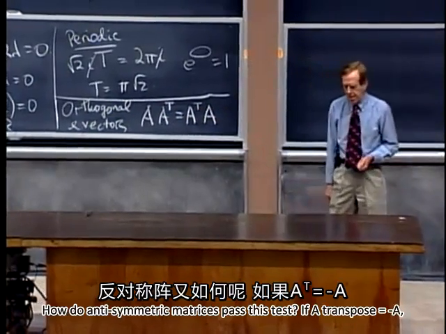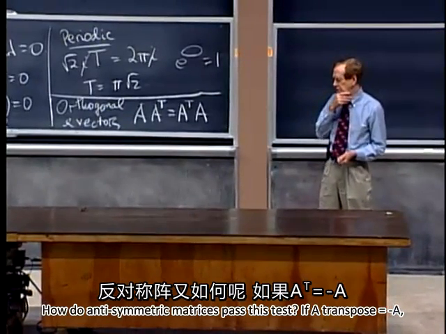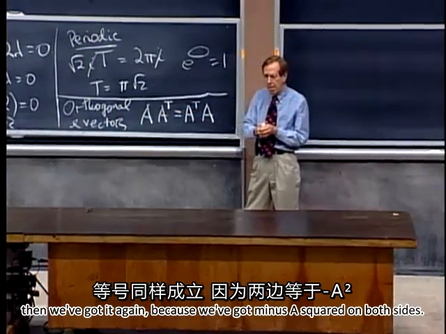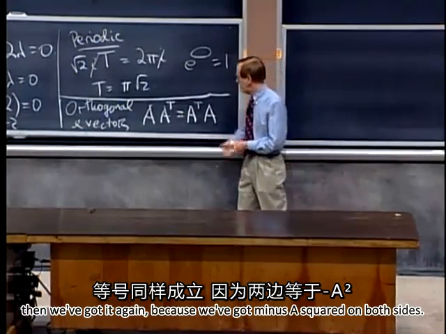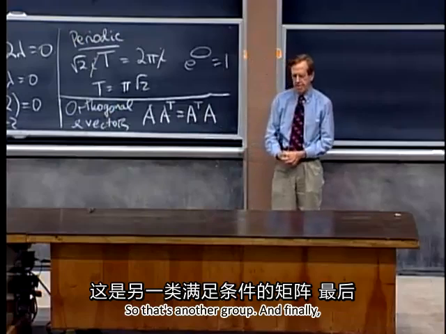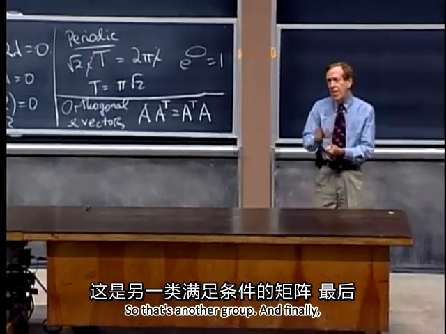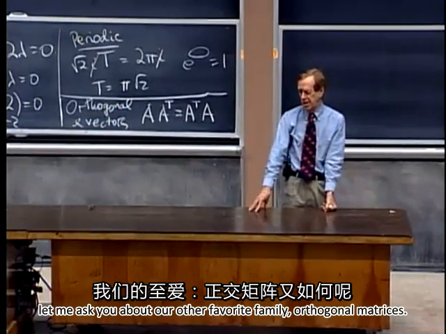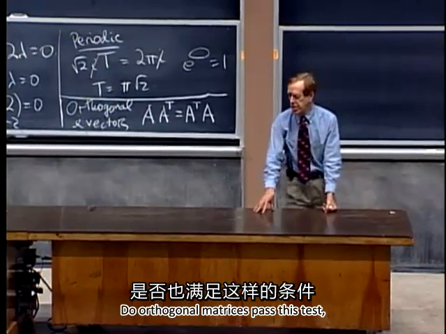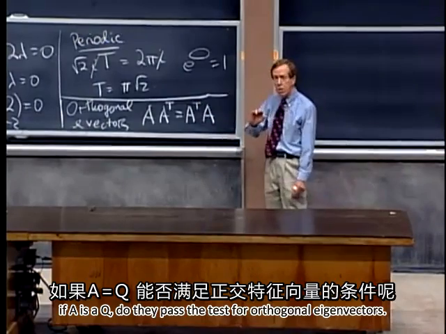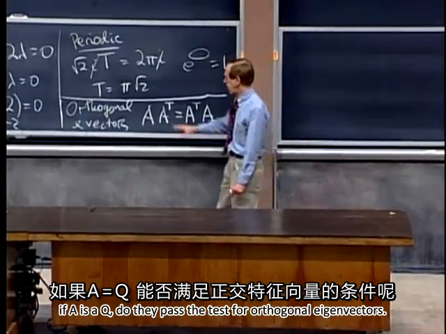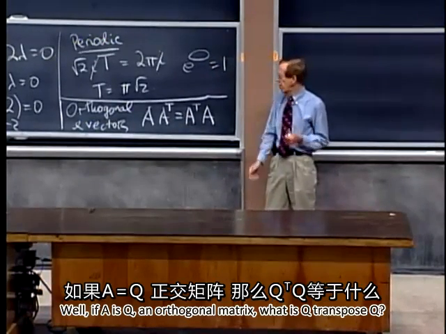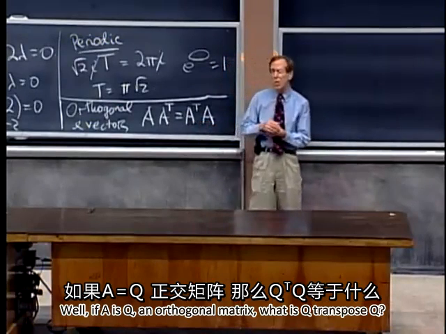We've got it. How do anti-symmetric matrices pass this test? If A transpose equals minus A, then we've got it again, because we've got minus A squared on both sides. So that's another group. And finally, let me ask you about our other favorite family, orthogonal matrices. If A is a Q, do they pass the test for orthogonal eigenvectors? Well, if A is Q, an orthogonal matrix, what is Q transpose Q?